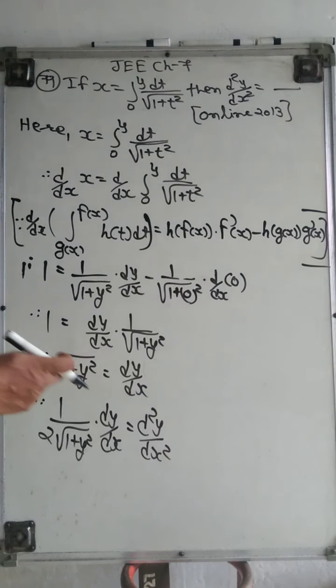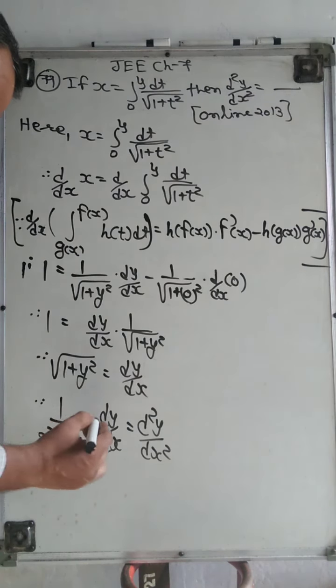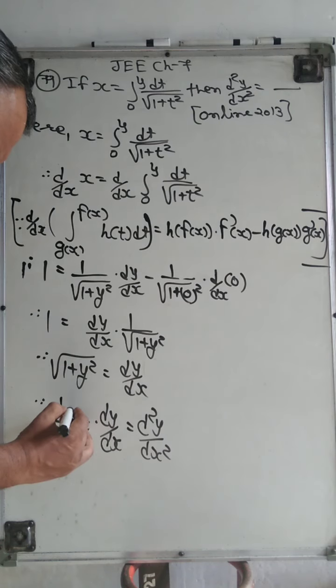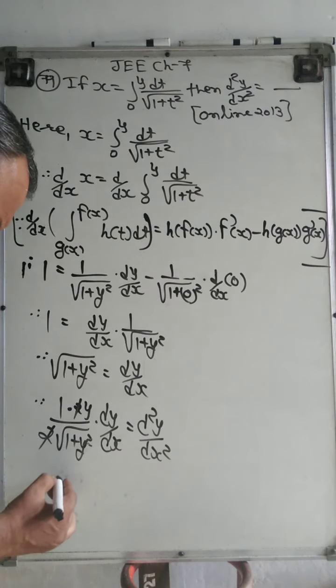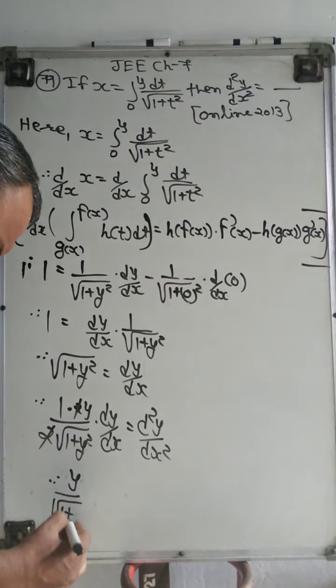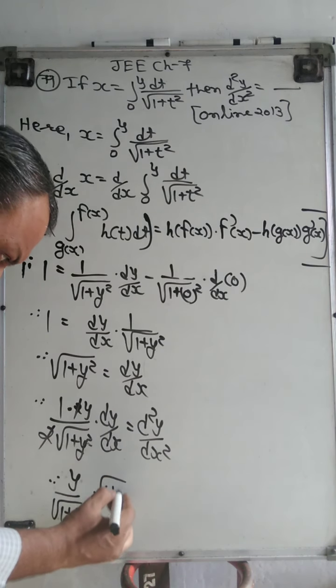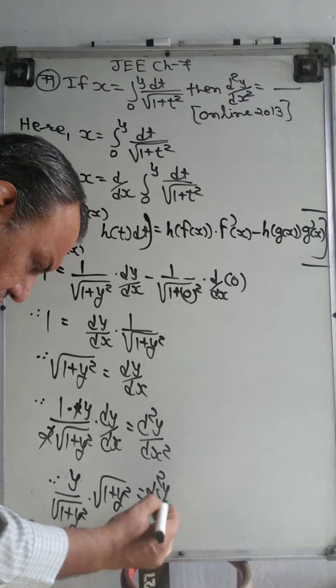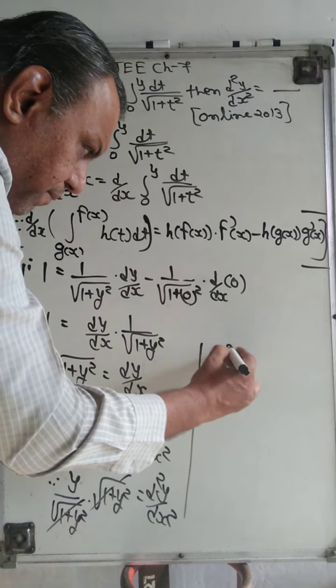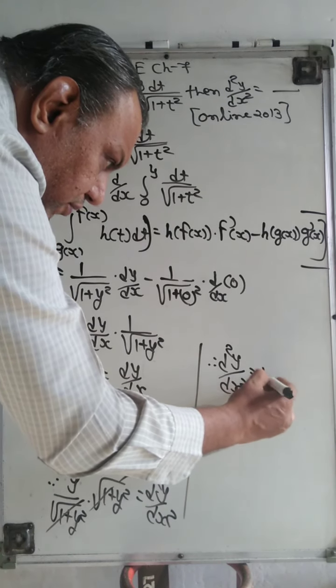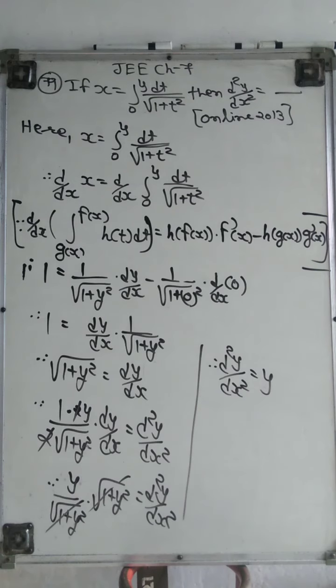The 2 is removed, and we just put dy upon dx, which is root 1 plus y square, so we have root 1 plus y square equal to d square y upon dx square. These are removed and we get d square y upon dx square is equal to y, right? So this way we can obtain this answer very easily.